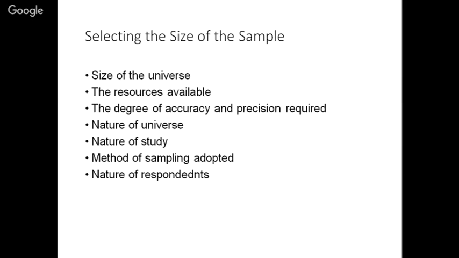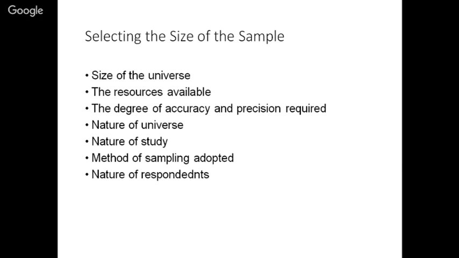Depending upon our research problem, we are going to select the sample, and there are various parameters which are considered while selecting the sample. First one is the size of the universe. If the size of the universe or the size of the population is large, the sample selected must be large in size.